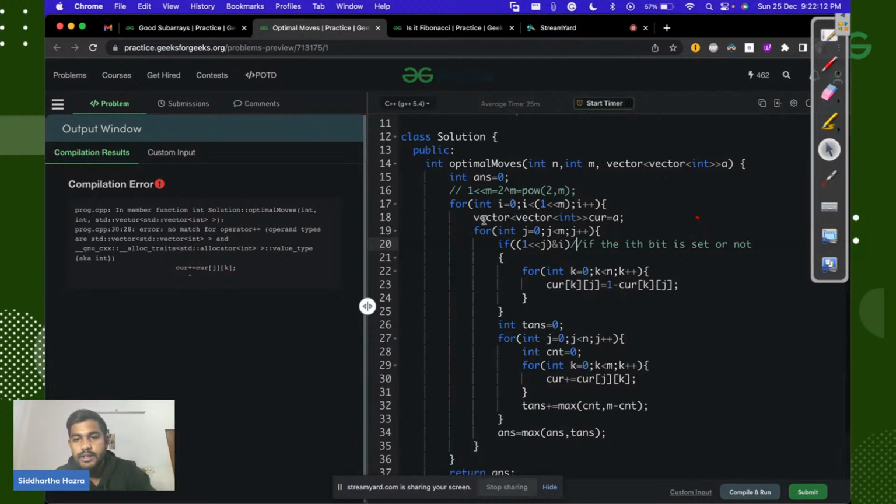So vector of int curve is equal to A. So what is it asking?